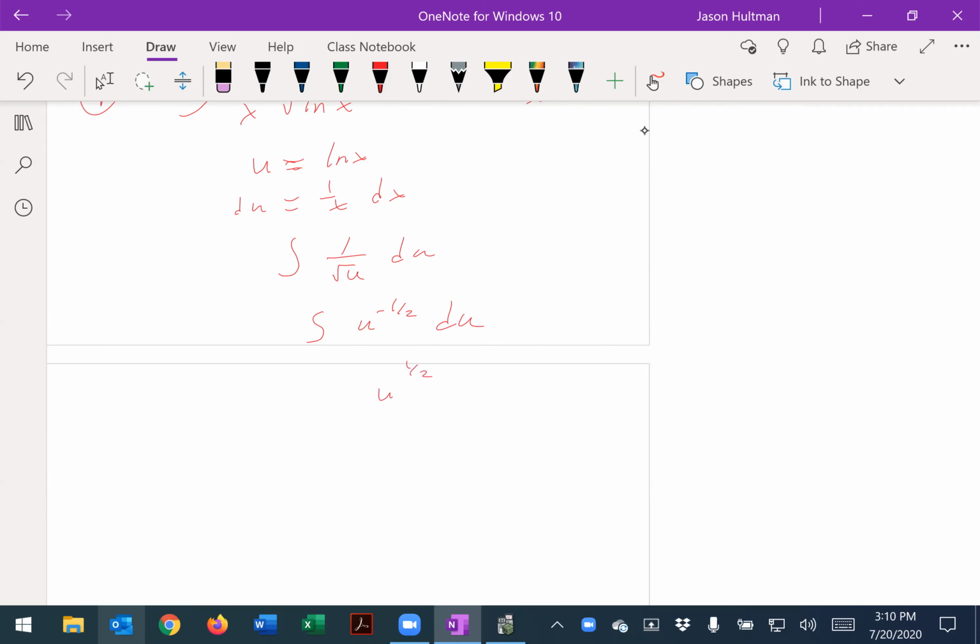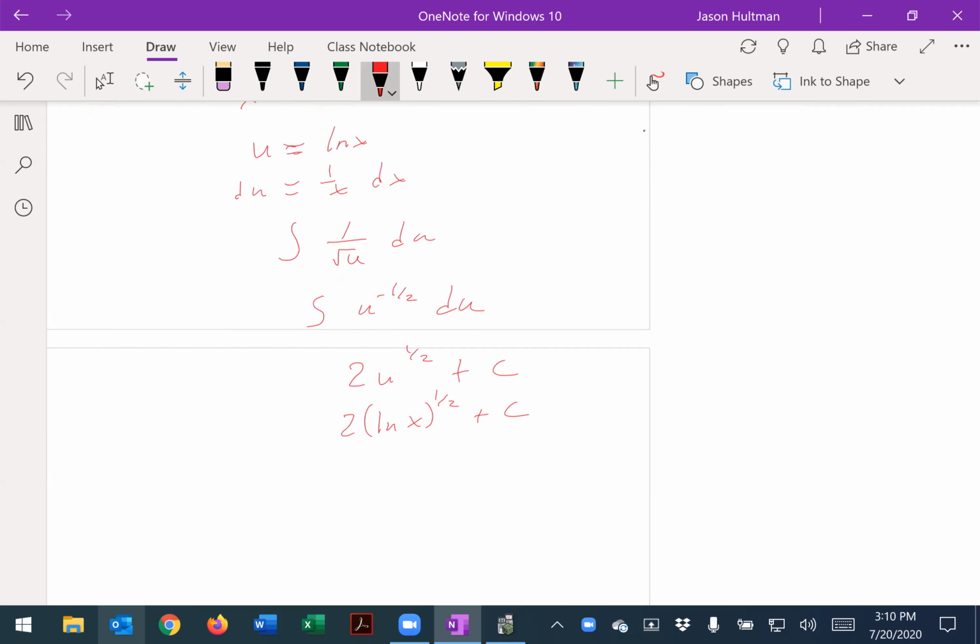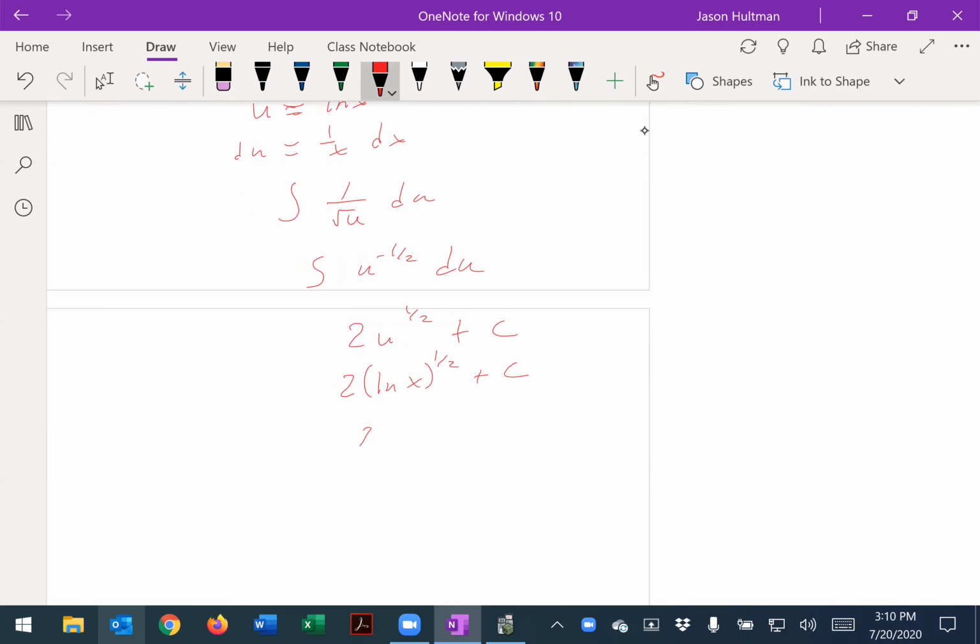So let's just integrate this. 2 u to the 1/2 plus c, but what was u? u was natural log of x. So 2 natural log of x to the 1/2 plus c. And we're going to get 2 times the square root of natural log of x plus c.